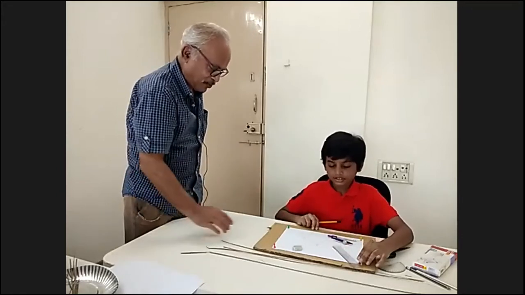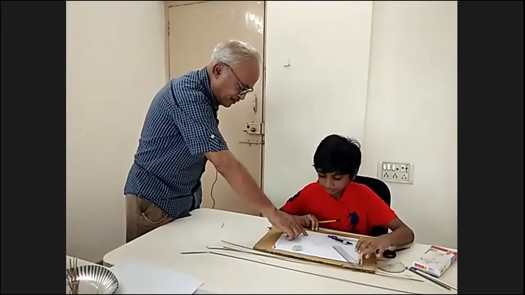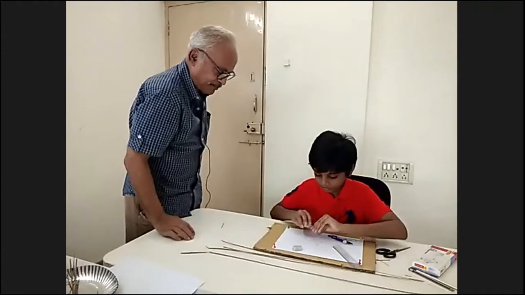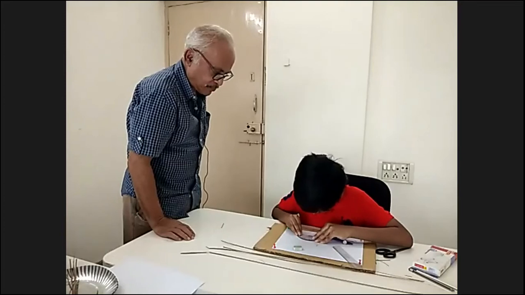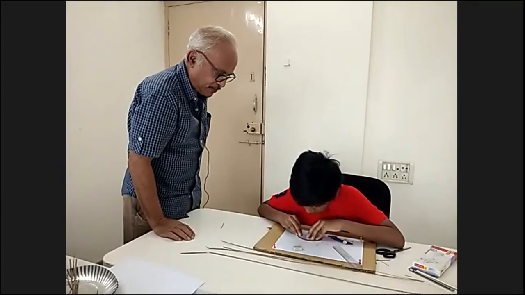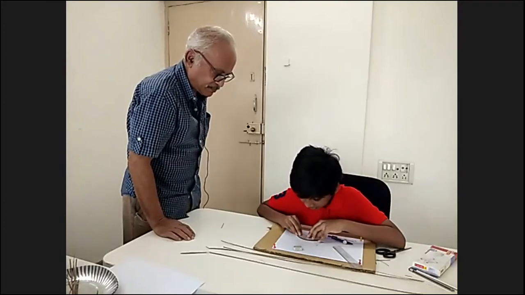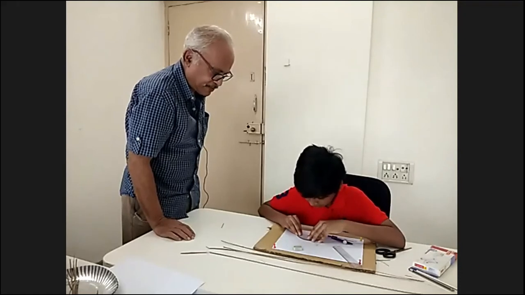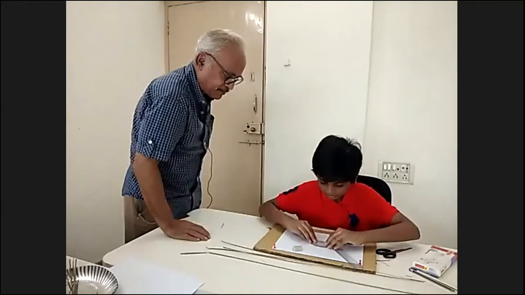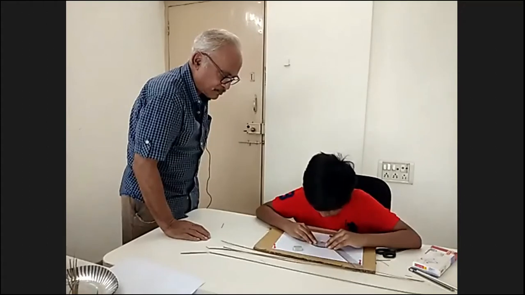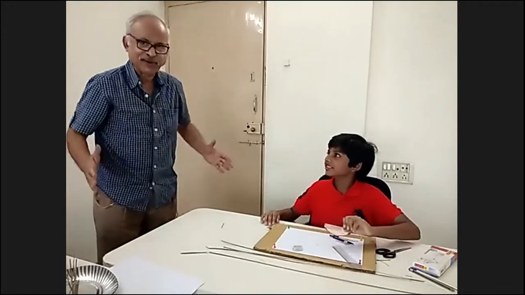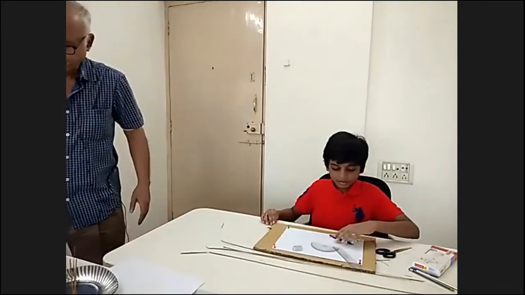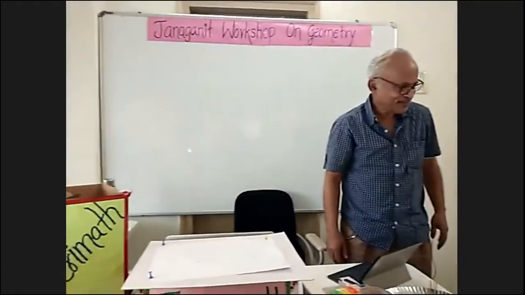Okay. All right. So now, can you measure this angle here with the protractor? How many degrees do you get? It's around 70 degrees. Okay. Measure this angle here. It's also 70 degrees. Very good. Can I have the camera back? Right.